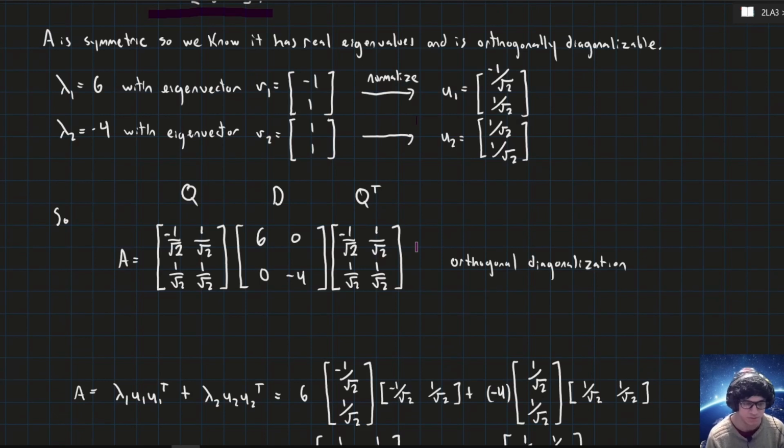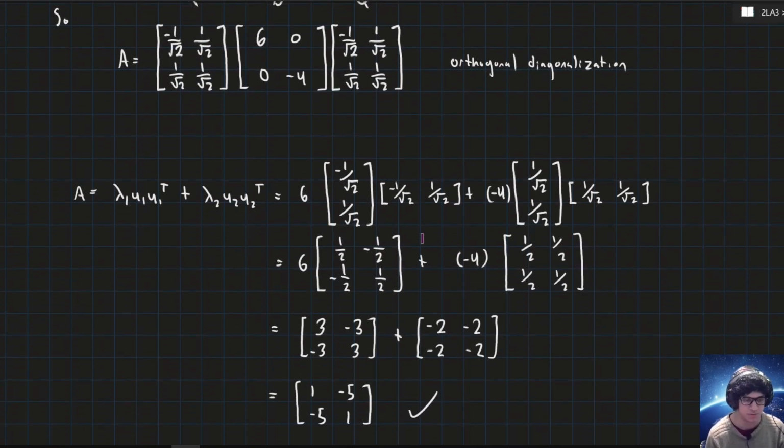Okay, so let's look at the spectral decomposition. This is the formula for it, since we have two eigenvectors. Remember, when we compute the outer product like this, it's going to be an n by 1 column times a 1 by n row, and the result will be an n by n matrix.